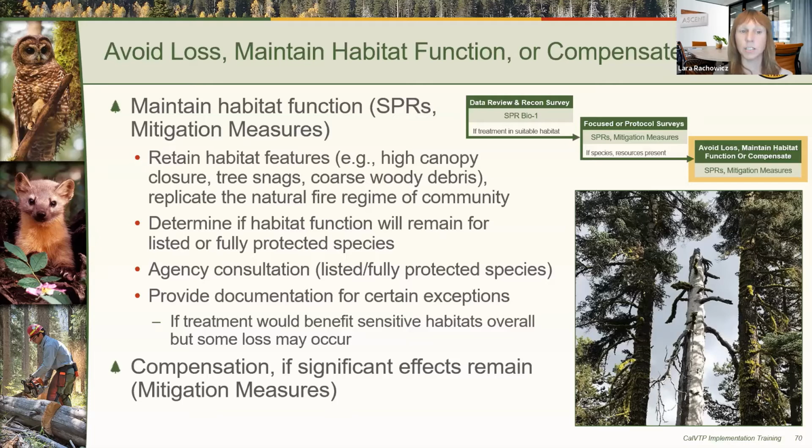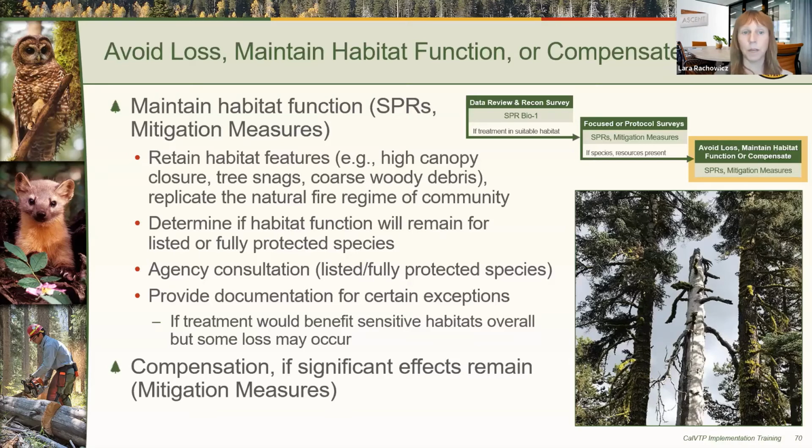The tiered mitigation strategy ends with the possibility of compensatory mitigation, which is required if significant effects remain after treatment, such as if significant loss of individuals or habitat occurs, or if habitat function is not maintained.